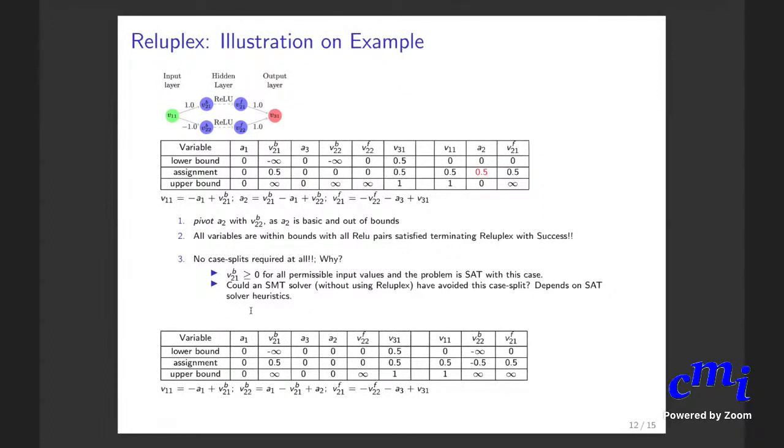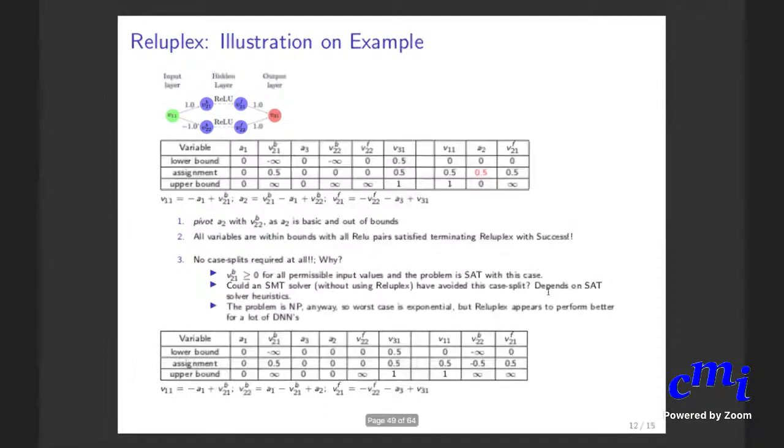Now, that is basically what Reluplex does. And you can ask the question: could an SMT solver have also avoided this kind of case split? Like I said, that depends on SAT solver heuristics. But like Arpan pointed out, the problem is NP-hard, so in the worst case, both of them can be exponential, in the sense you can always have pathological instances where they're both exponential.